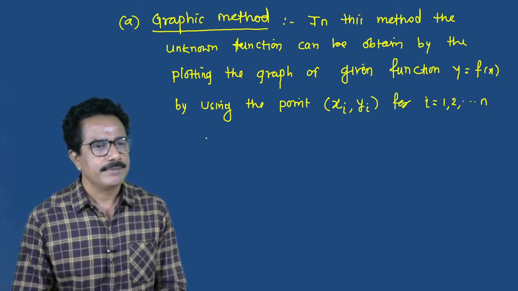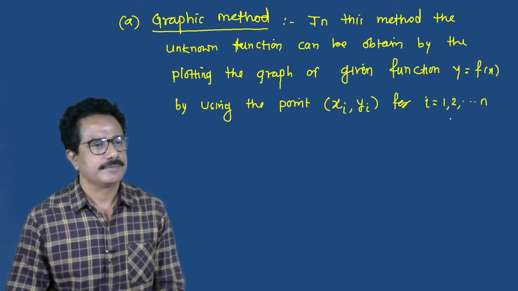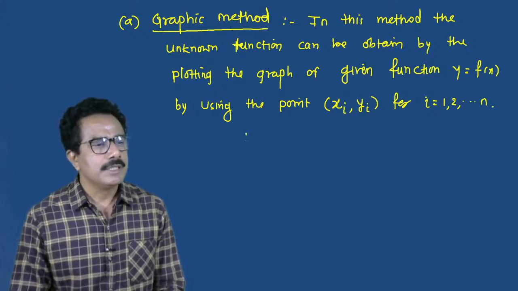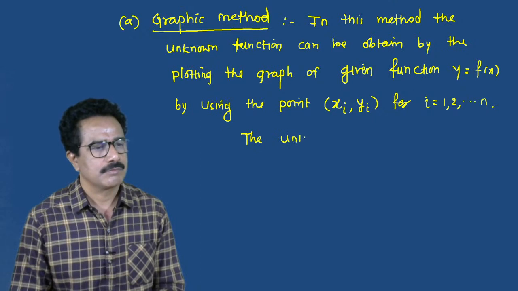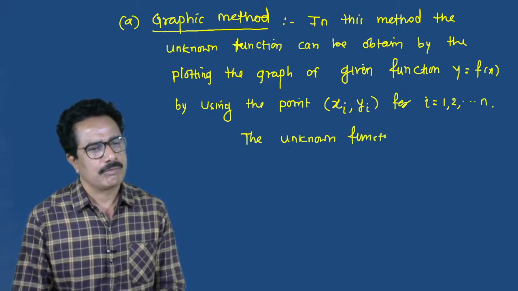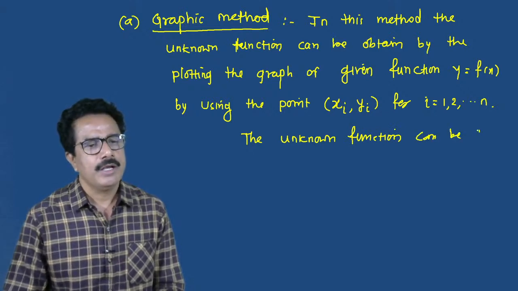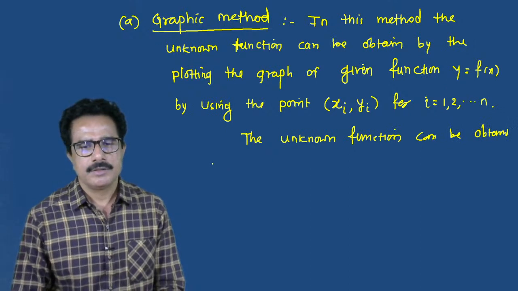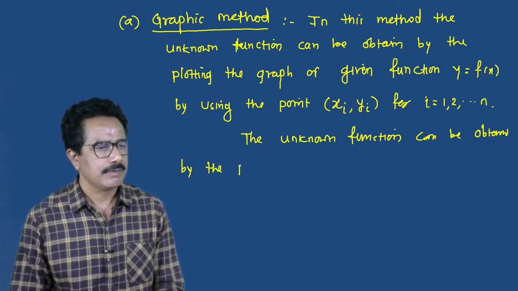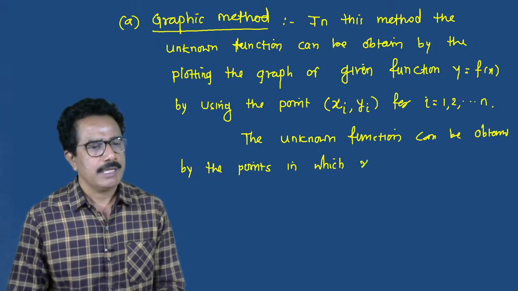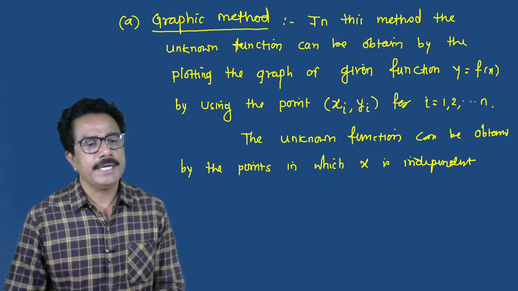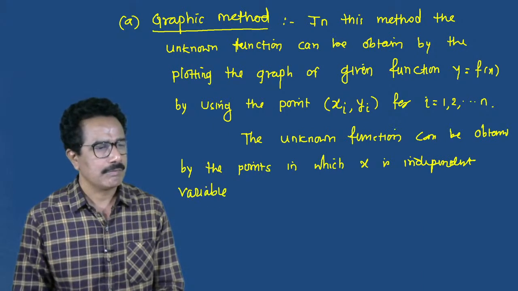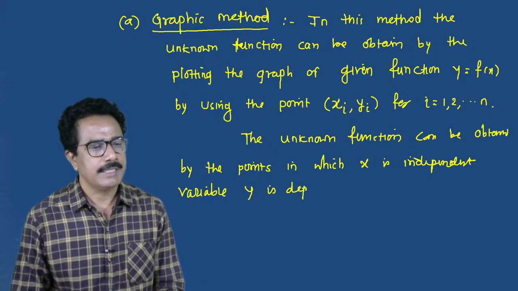So the unknown function can be obtained by the points in which x is the independent variable and y is dependent.